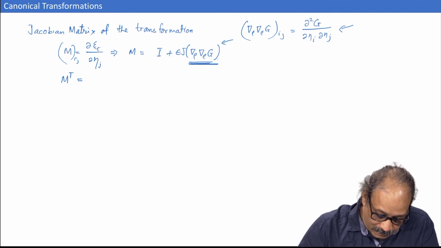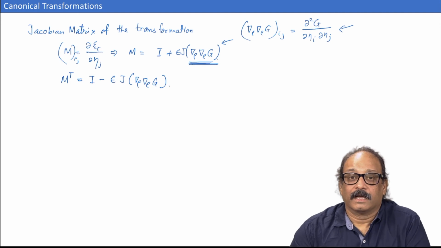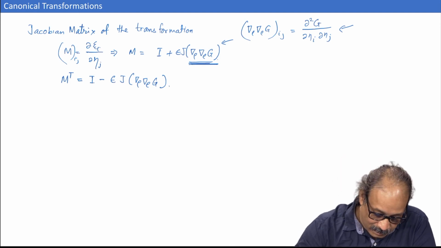So, all that will happen is when I take the transpose of this, it will be minus epsilon times J times the second derivative of G. Okay.